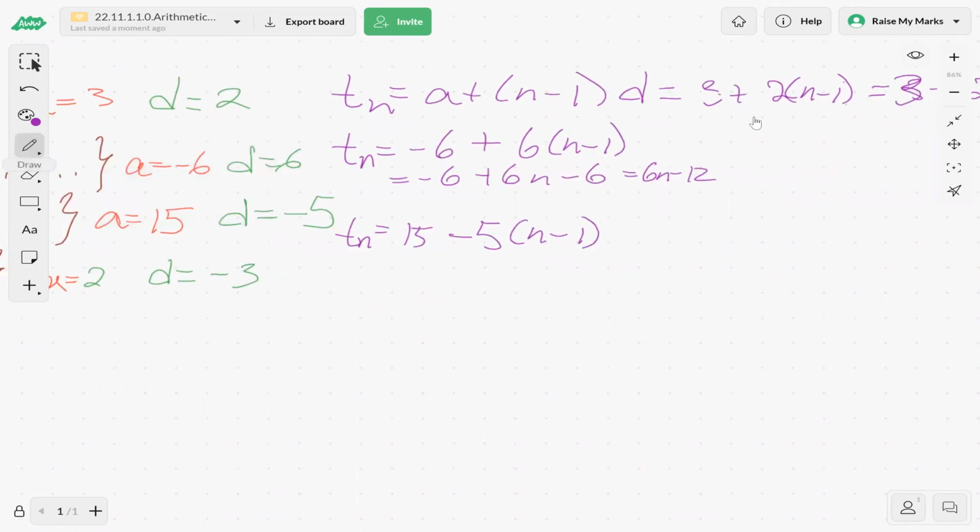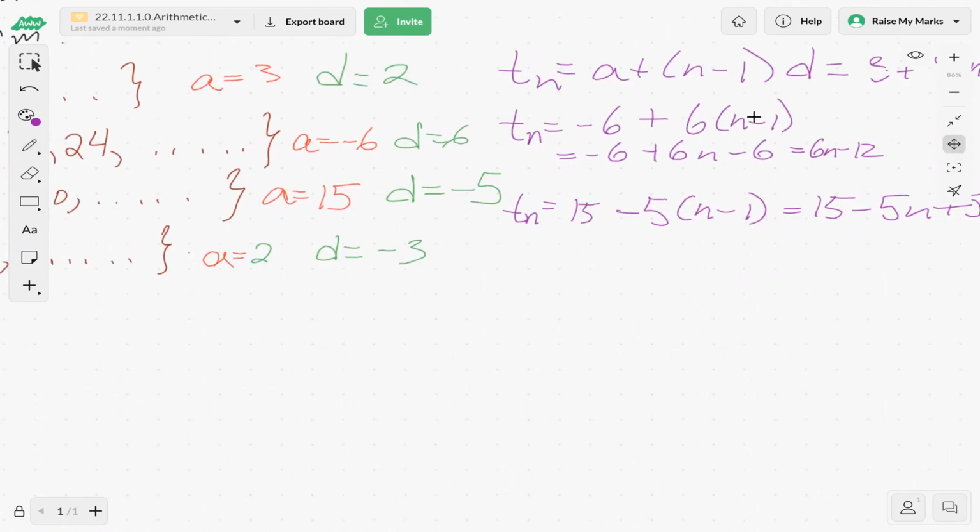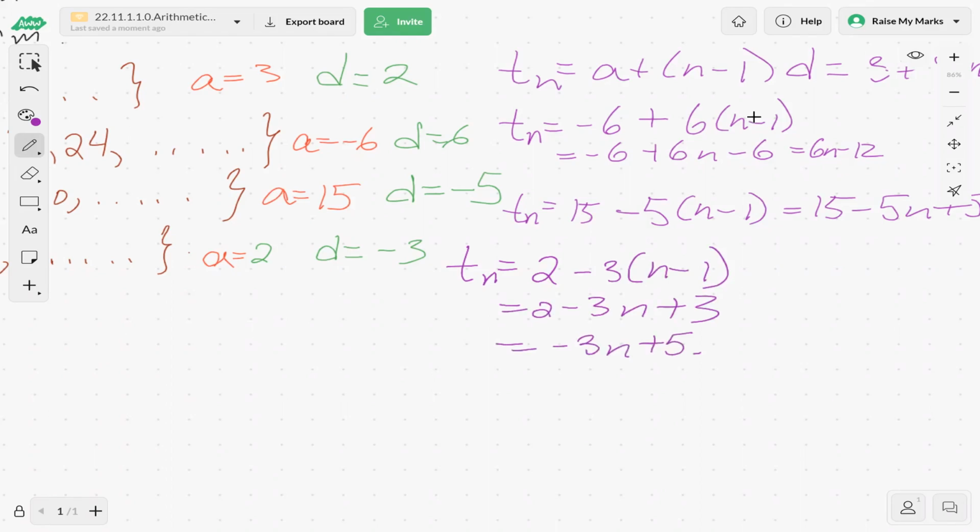Let's simplify this: 15 minus 5n plus 5. Tn is negative 5n plus 20. Excellent. Fourth sequence: Tn equals A plus d times (n minus 1). Our d is negative 3, so 2 minus 3n plus 3 equals negative 3n plus 5.